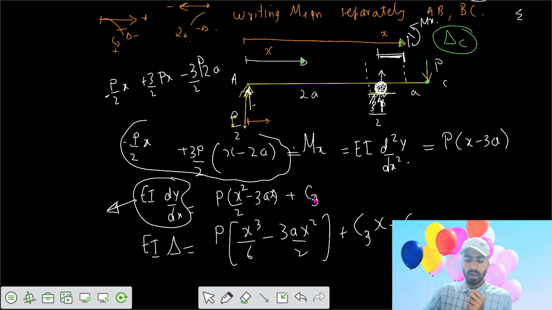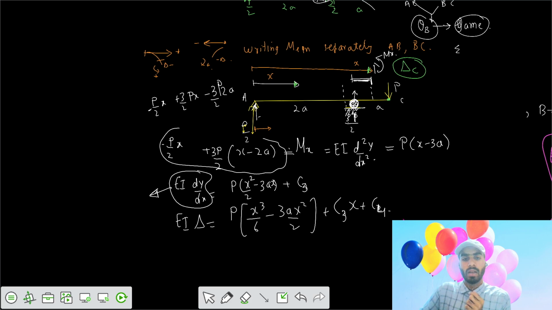So to get the value of c3, we can write that at x equals 2a, your slope is also the same as we got in the first case.